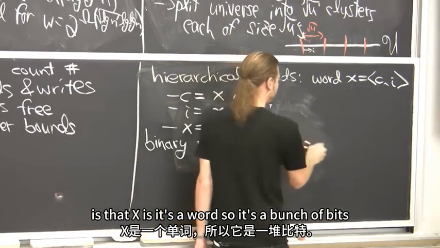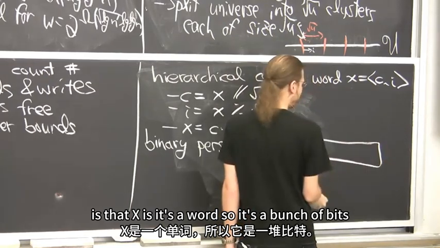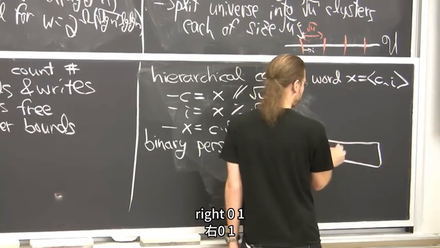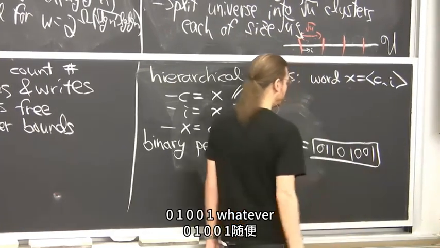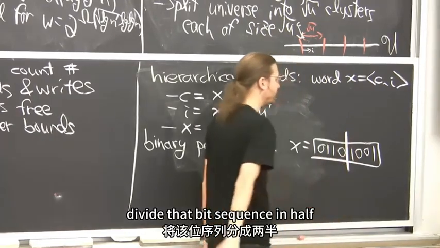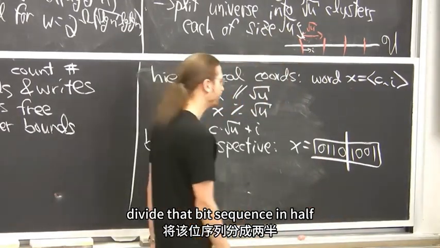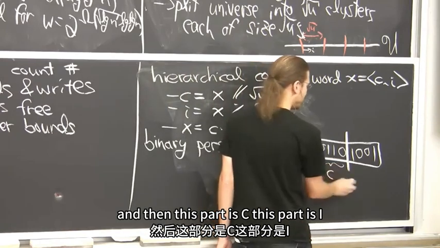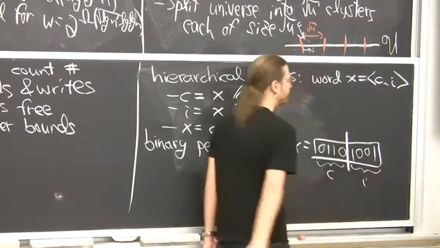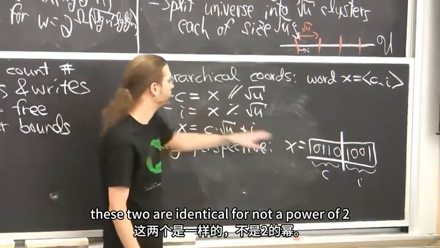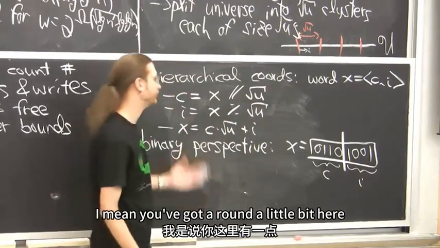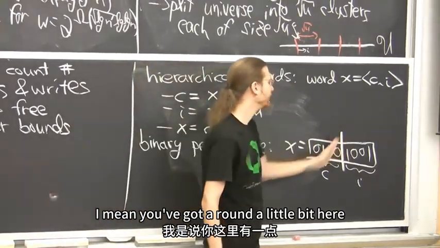is that x is a word, so it's a bunch of bits. Right? 0, 1, 1, 0, 1, 0, 0, 1, whatever. Divide that bit sequence in half, and then this part is c, this part is i. And if you assume that w is a power of 2, these two are identical. If it's not a power of 2, you've got to round a little bit here.